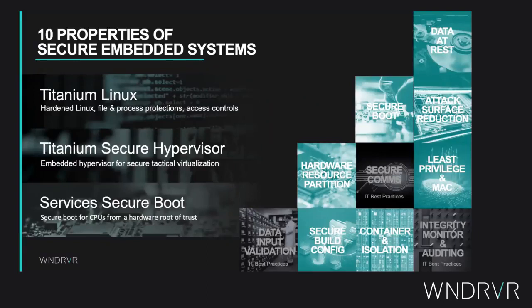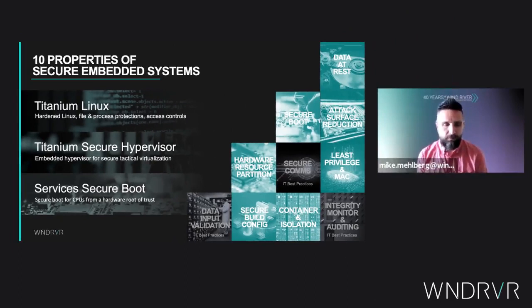And what about the other 3? Well, those are secure communications, data input validation, and integrity monitoring and auditing. These are things that are very critical, but they're really IT best practices. These are things that you do at the IT level to establish secure communications between different systems by validating input that is moving between different systems.